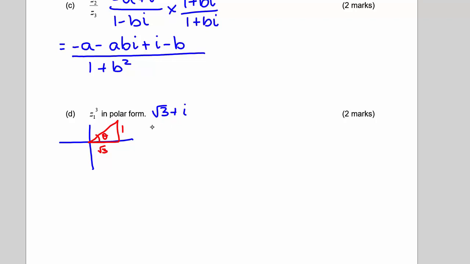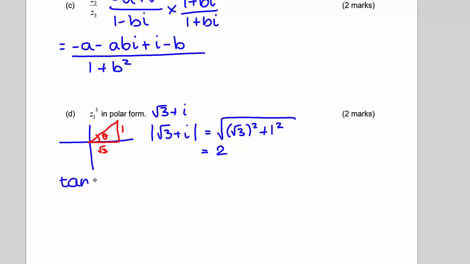So the magnitude of root 3 plus I is the square root of root 3 squared plus 1 squared. Root 3 squared is 3, plus 1 is 4, square rooted is 2. Then if we say that tan theta equals 1 over root 3, opposite over adjacent, theta, the only angle that works for is pi over 6.